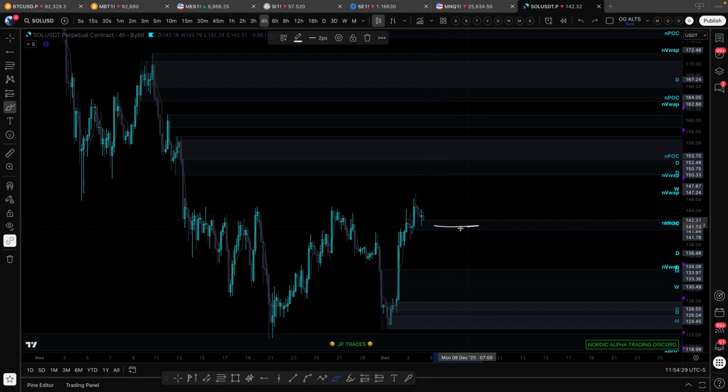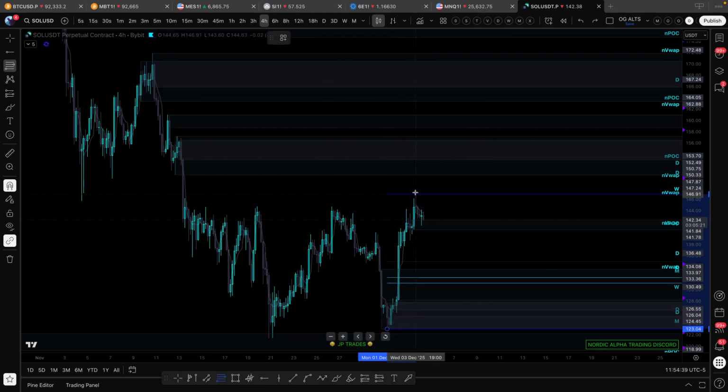So again, confirmations. If we break below this and start to come down here, obviously looking for this area with our large order blocks. And you can align this here with our golden pocket or golden zone here.